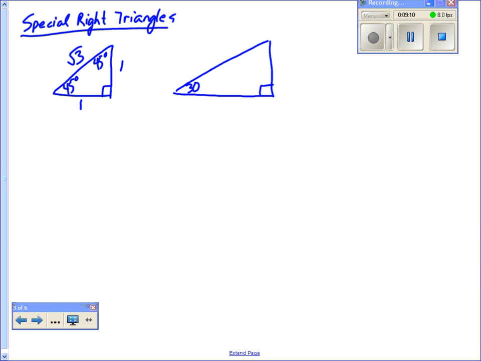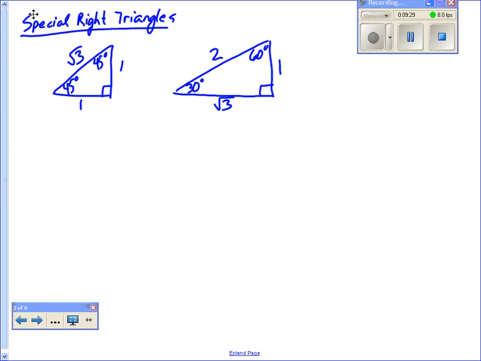So 30, 60, 90. And how I like to remember this is the side opposite that smallest angle is 1. And I just say hypotenuse 2, remaining side would have to be root 3. Okay, so side opposite 30 is the 1, hypotenuse 2, and the other one root 3.